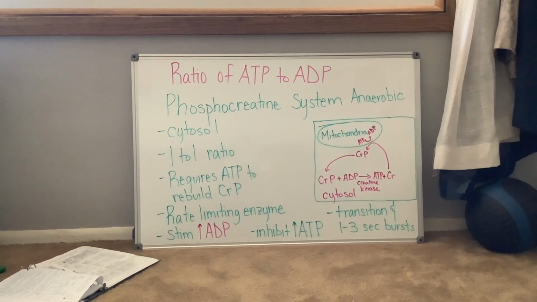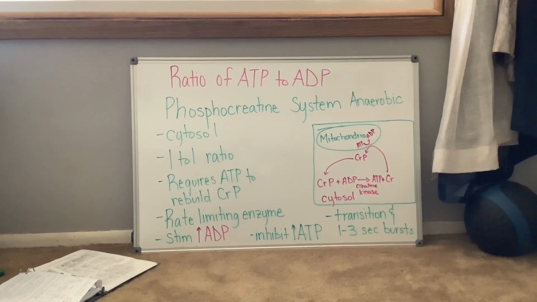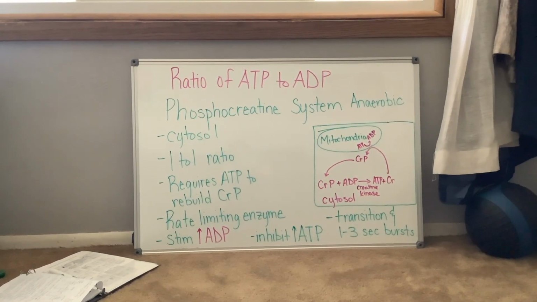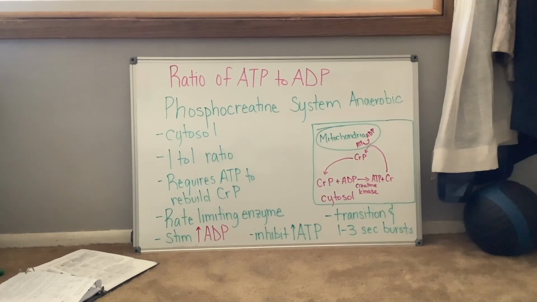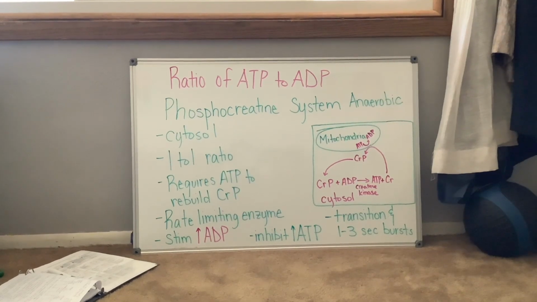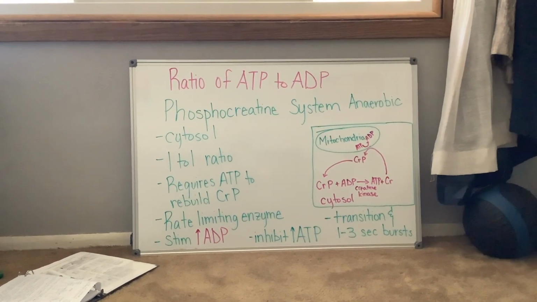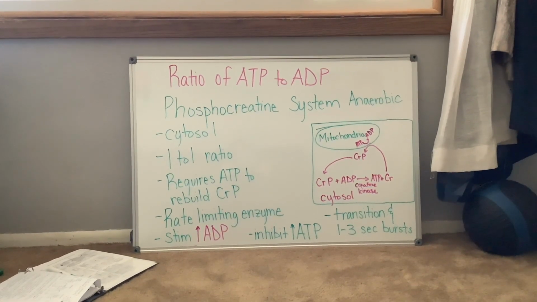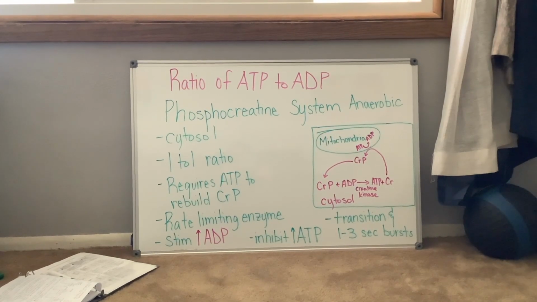The downside to the creatine phosphate system is that there is a limited amount of creatine phosphate within the cytoplasm, as well as after creatine phosphate is used and donates its phosphate to ADP to generate ATP, the creatine molecule has to go to the mitochondria where it utilizes an ATP molecule to recreate creatine phosphate.